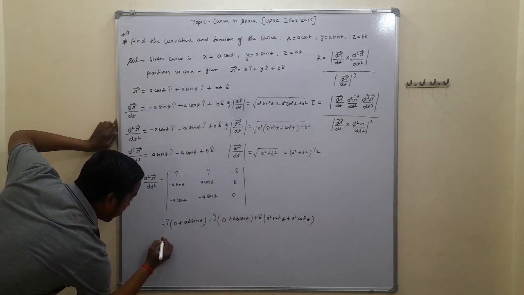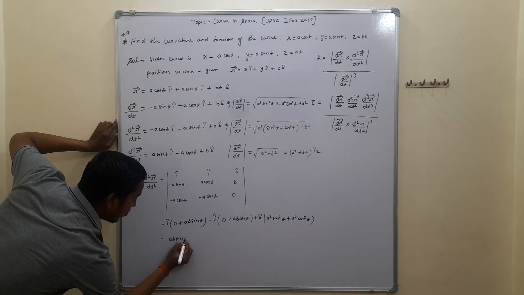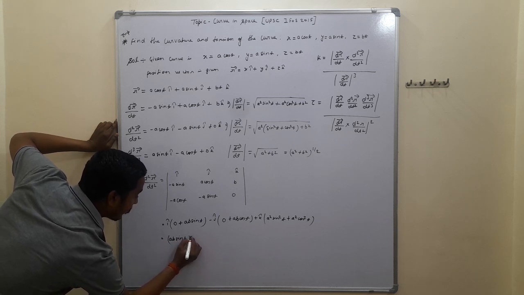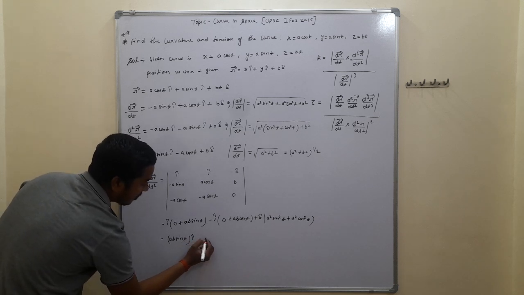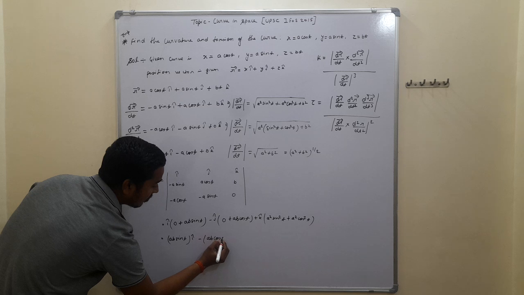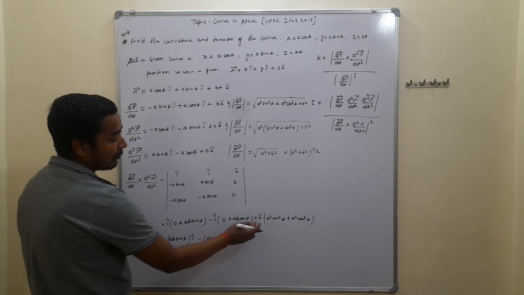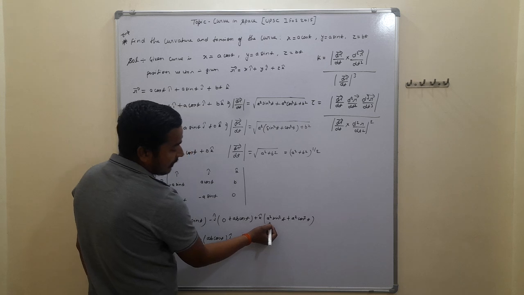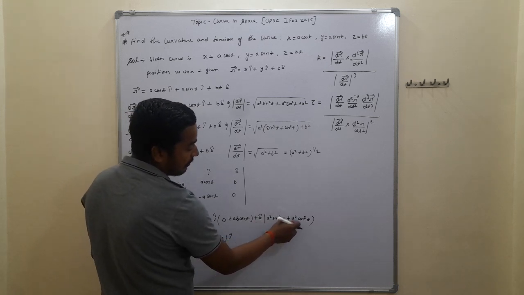This is given by ab sin t i cap, and minus ab cos t j cap, and from here we take a square common, and in the remaining bracket sin square t plus cos square t.